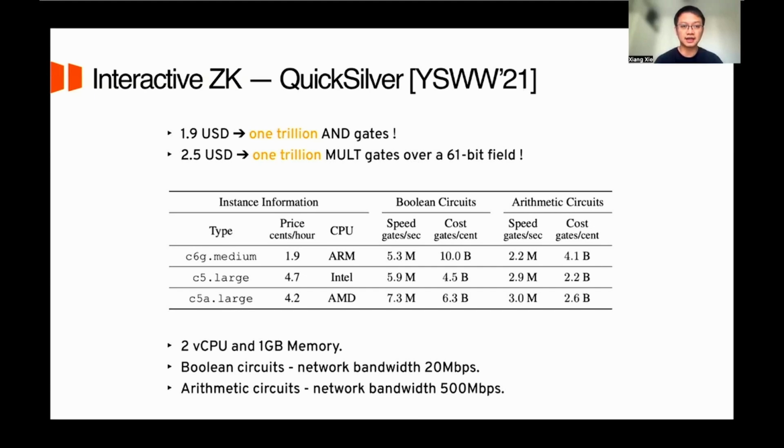Some numbers say that on a very normal machine, you can prove 1 trillion AND gates within $2, which I think is amazing for products. The cost is basically nothing. It's negligible for us to deploy this kind of system into our product, especially for browsers and mobiles.